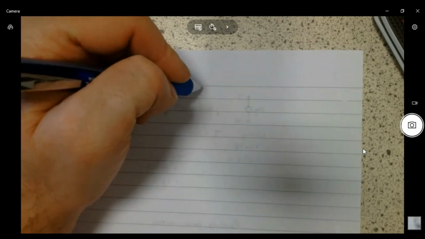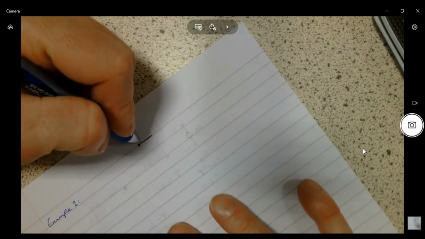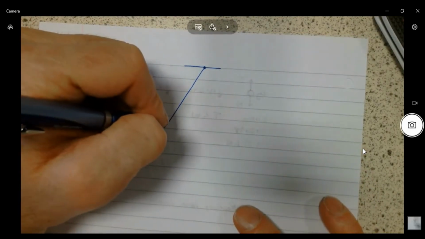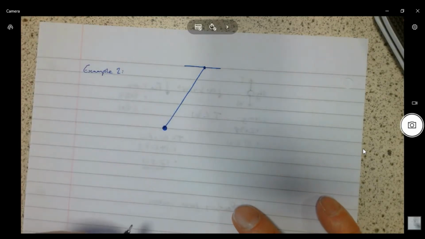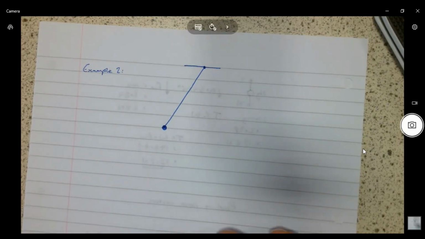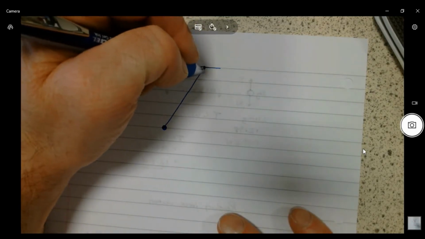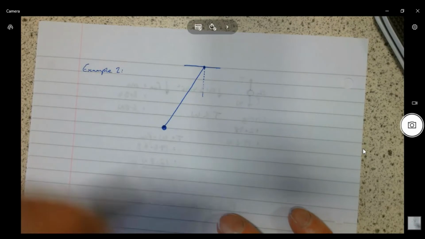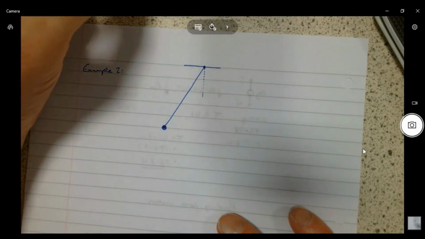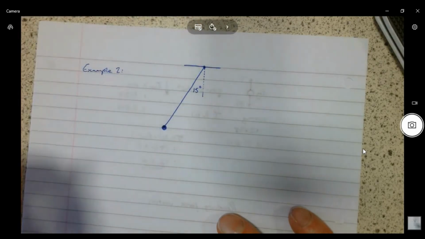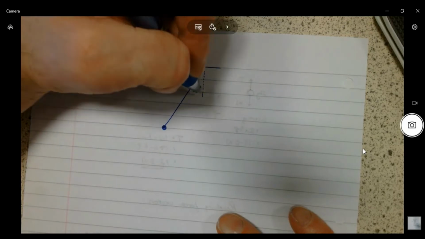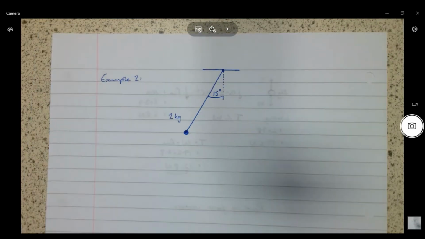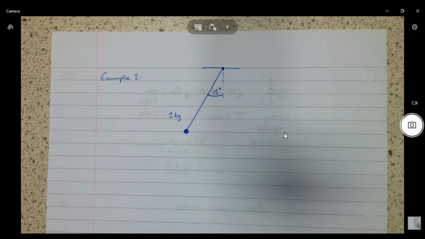Example 2. Pendulum. 15 degrees. Okay, so 2 kilogram mass.